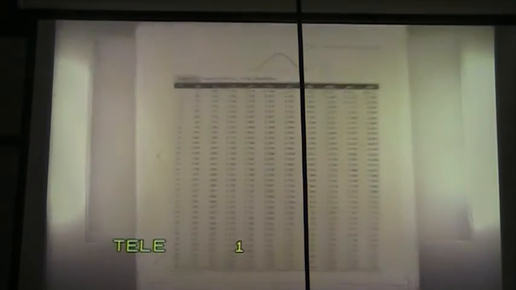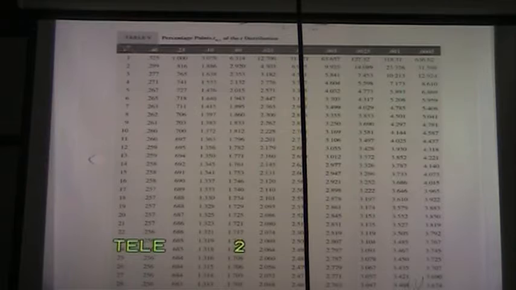You notice these numbers here, they are not the probabilities. Instead, our alpha probability is across the top.